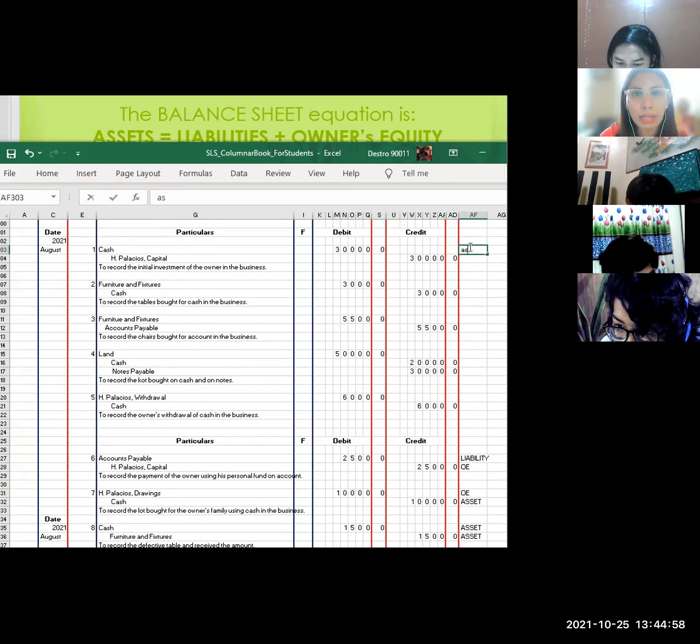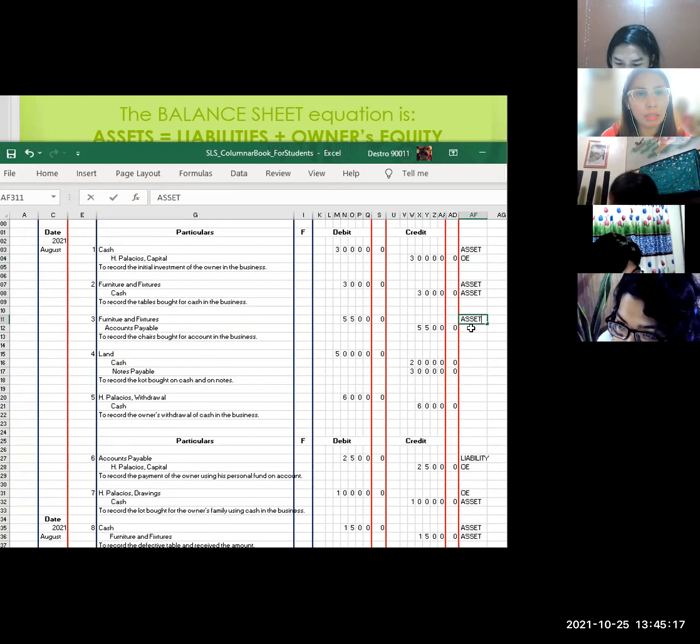So, lagay din natin asset. This one is an owner's equity account. Furniture is an asset. Cash, asset account. Furniture and fixture, asset account.